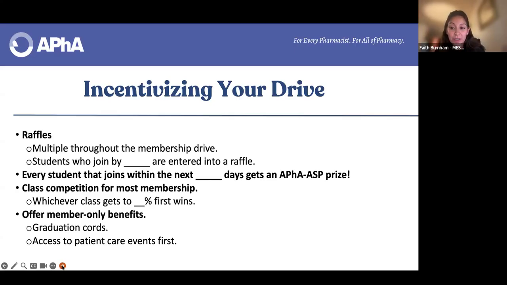You can make it a friendly class competition among P1s, P2s, P3s, where whoever gets to 80% of their class wins a prize. You can also highlight member-only benefits for graduation cords. For us, we only hand them out to active students that have been involved all through their years, and that could be something y'all promote as well.